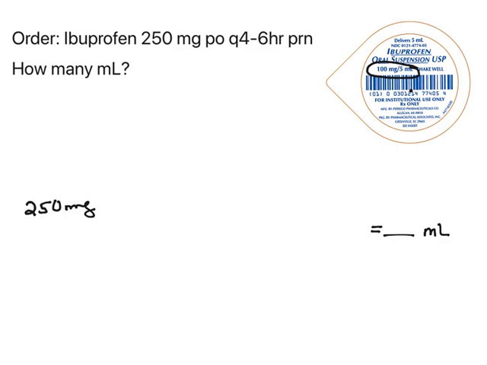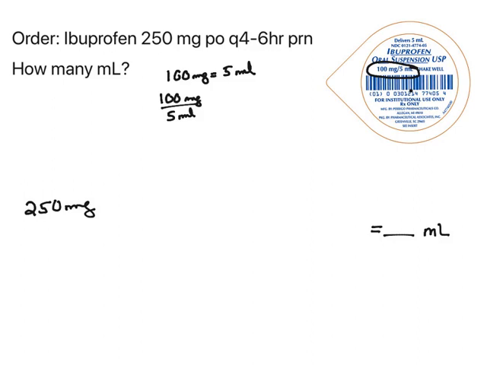So I see over here on the label that there's 100 milligrams in every 5 mLs of solution. So what we can say in this situation then is we know that 100 milligrams is equal to 5 mLs. So those are equivalent values. So remember, as we said before, you can put equivalent values over themselves, and that will equal 1, because in this case 100 milligrams is equal to 5 mLs.